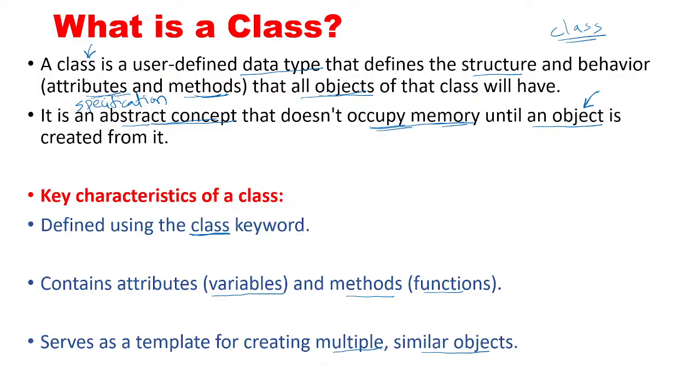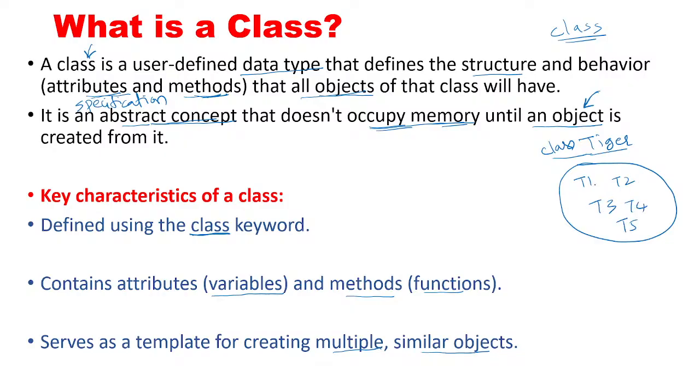Say for example, if we take tiger as a class, then all the tigers belong to this class. For example, assume a group of tigers: tiger 1, tiger 2, tiger 3, tiger 4, like this.